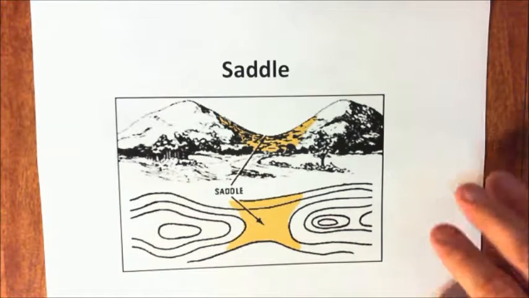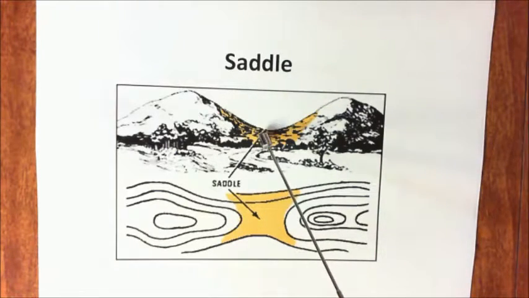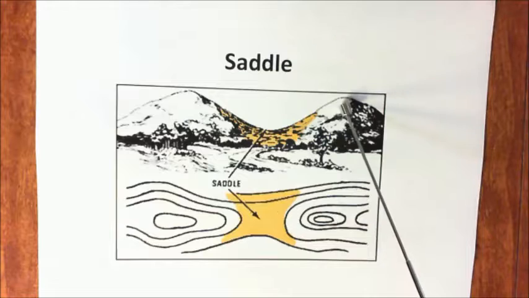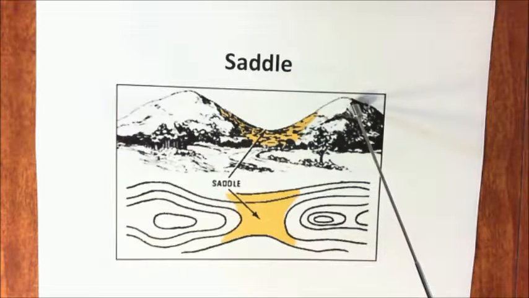Saddle. I think we all have a visual picture of a saddle or camel's humps. If you have a two-humped camel, you'd sit in the middle, in the saddle. But it also looks like a saddle that would go on a horse. So hilltop, and a saddle is the low ground between hilltops.